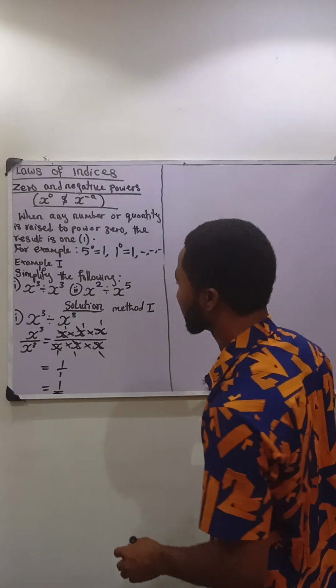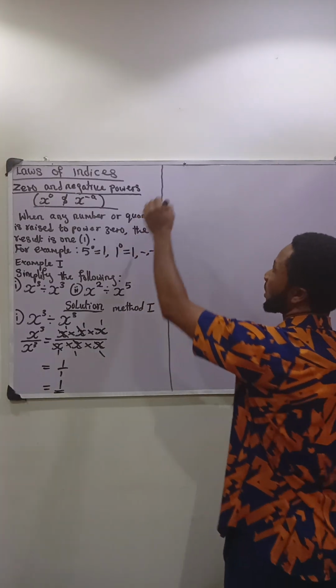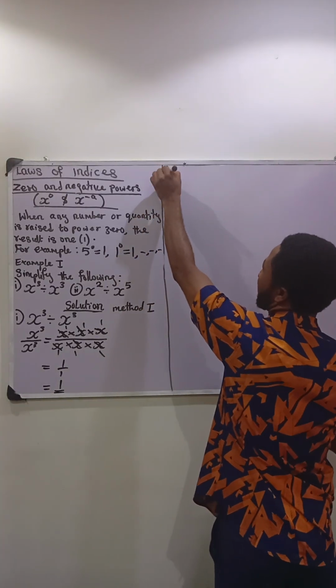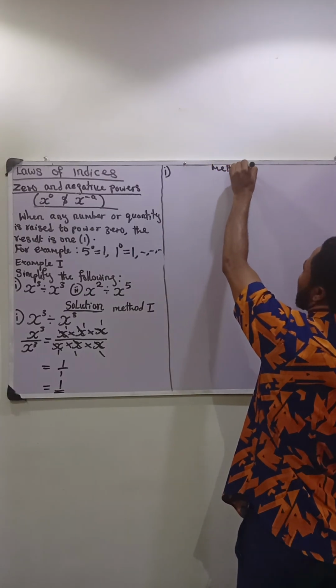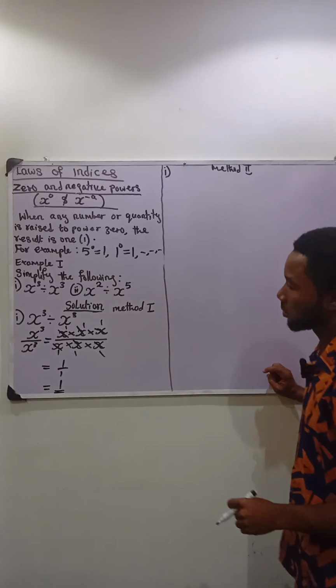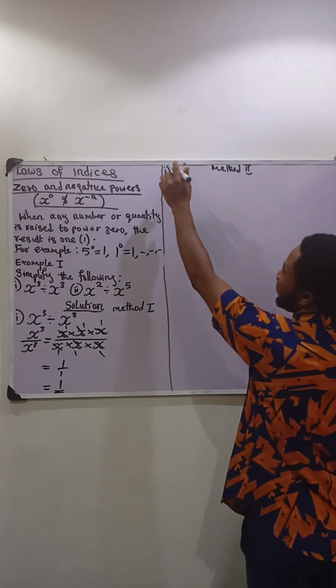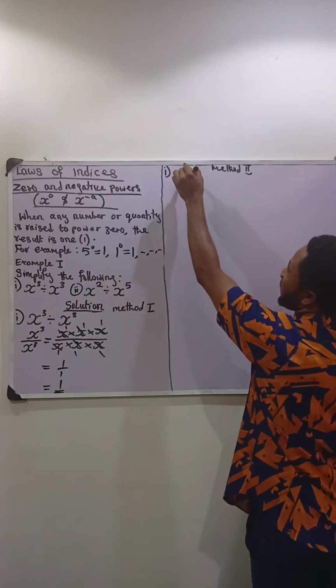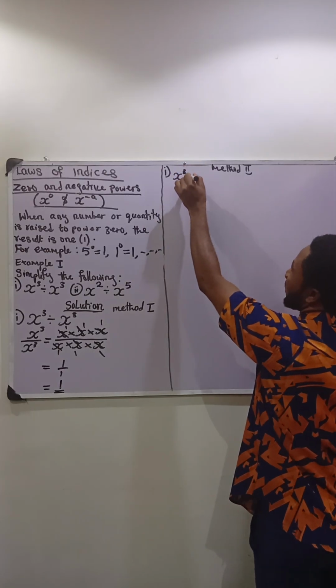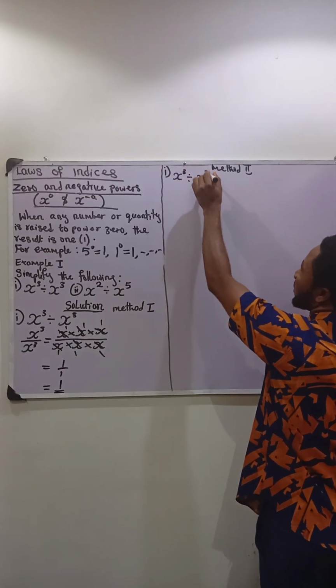Now, if you don't understand this method, under method 2, we'll have s raised to the power of 3 divided by s raised to the power of 3.